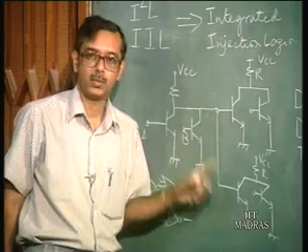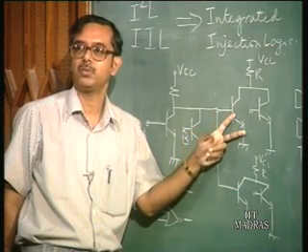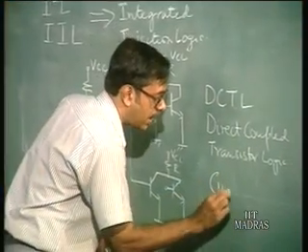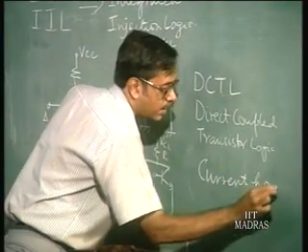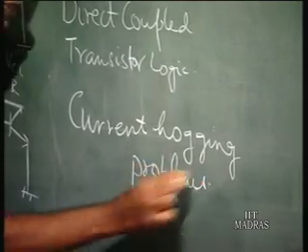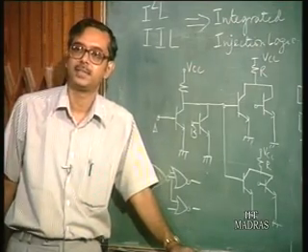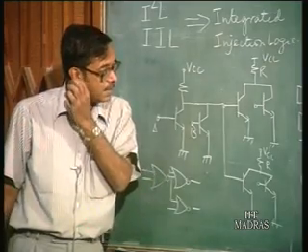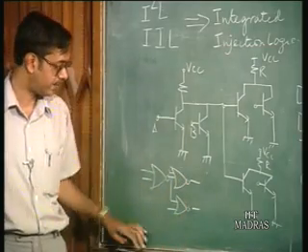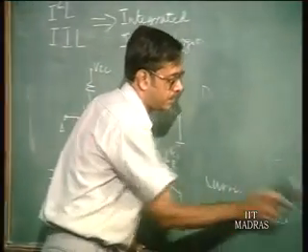Because these are shorted, when this starts conducting the voltage here becomes clamped, and this is not going to get the current. This problem has a definite name: the current hogging problem. One of the transistors is drawing most of the current and depriving the other. Due to this problem, this logic family could not gain ground as such.